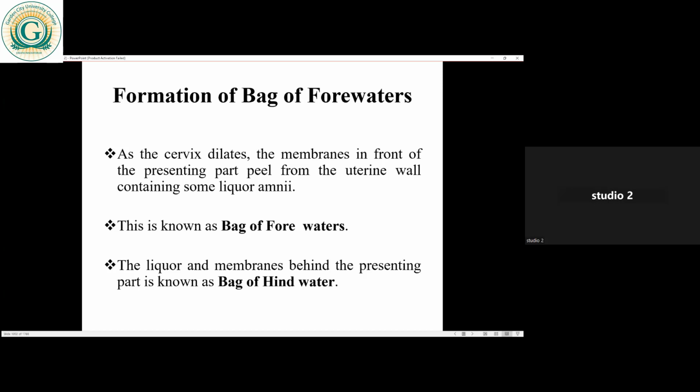The one at the head area, we call the bag of forewaters, and the one at the buttocks area, we call the bag of hindwaters. During labor, the hindwaters will be trickling gradually into the front, increasing the tension of the membranes in front of the baby. We call these two the bag of waters, the forewaters.